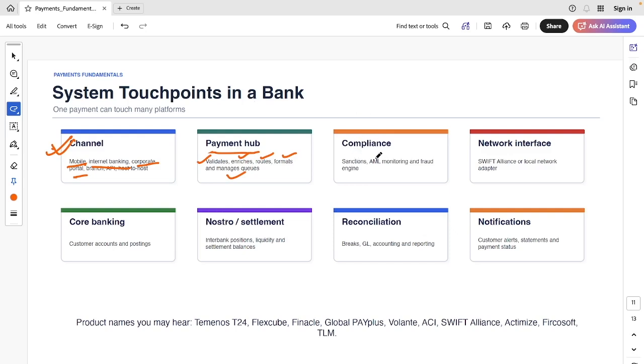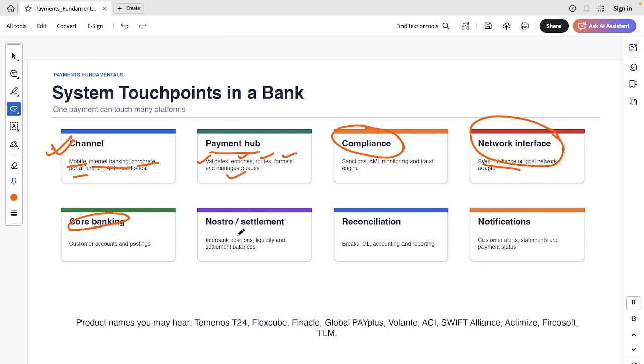For sanctions, AML monitoring and all, the compliance system comes into the picture. To connect the bank to the external networks, the network interface comes into the picture. In case of a Swift message, Swift products like Swift Alliance are used, or in case of other message formats, local network adapters may also come into the picture. Then, to manage the customer accounts and postings, core banking comes into the picture.